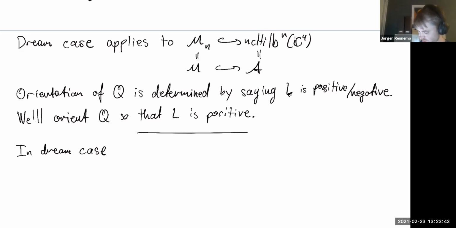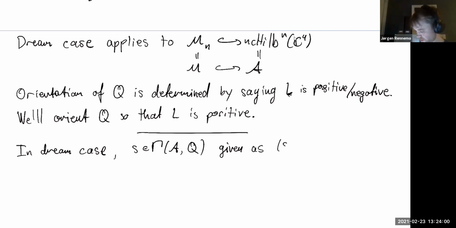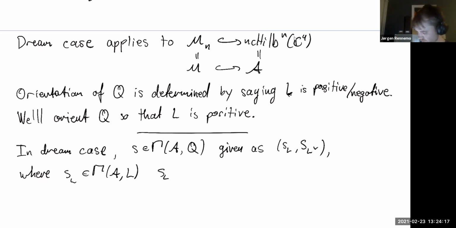So in the dream case, we had some isotropic section of Q, and since Q splits, that's given as (s_L, s_L^perp), where s_L is a section of L, and s_L dual is a section of the dual bundle.